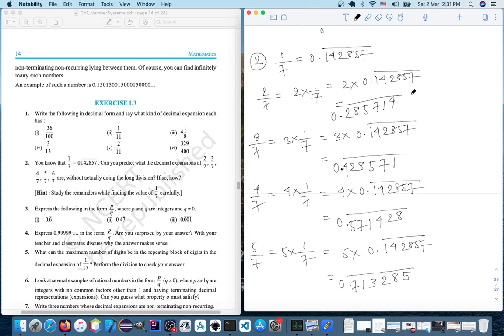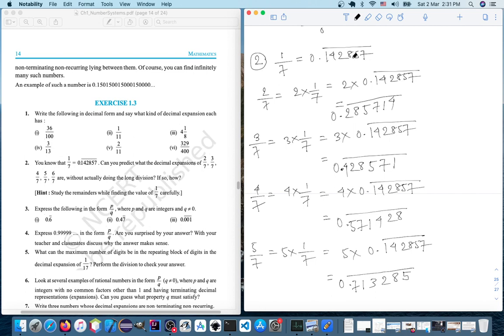One thing you might have noticed is that when we have a non-terminating recurring decimal expansion, the number of digits occurring in the repeating block of digits will always be less than the divisor, that is less than 7.